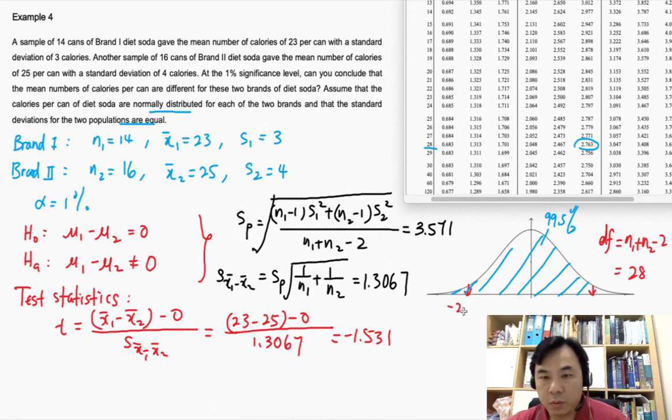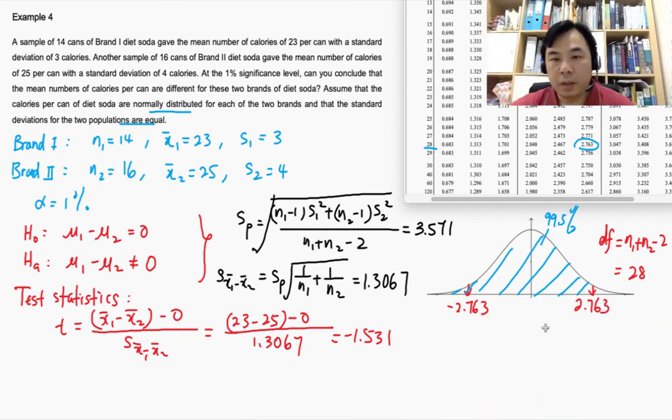So negative 2.763, and 2.763 here. And then finally, we can analyze or compare these two results. This is the analysis part.